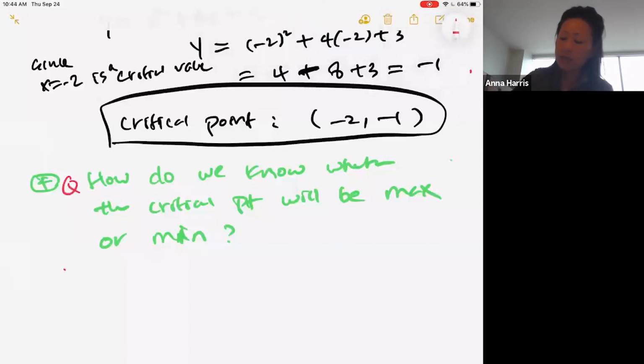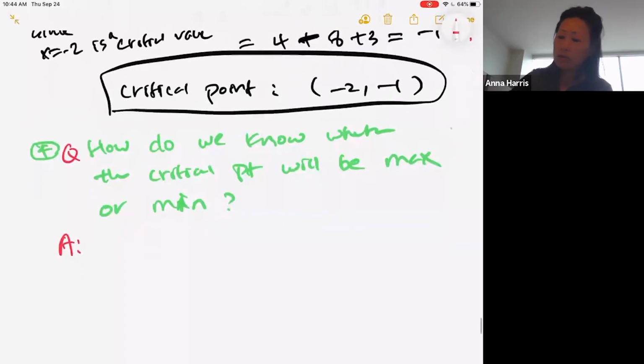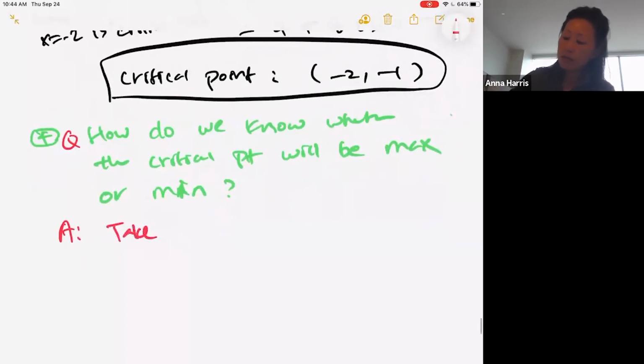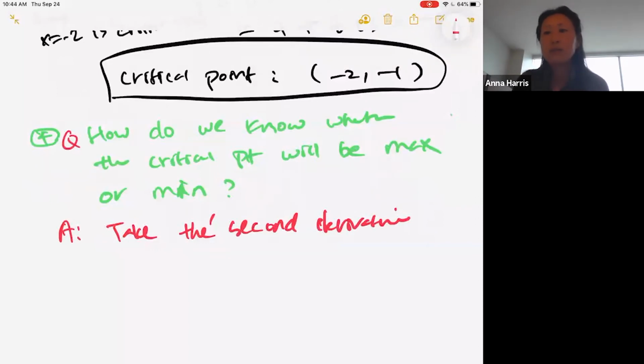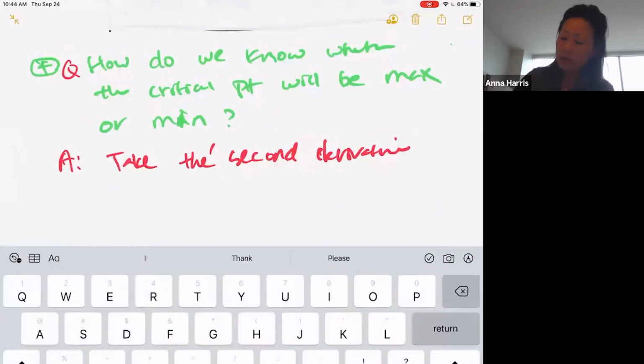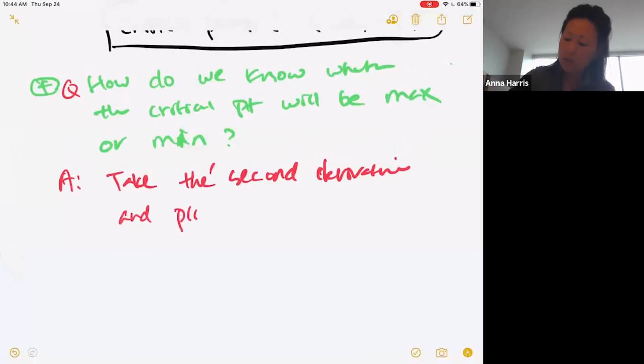That is my question again. So what is my answer then? Take the second derivative, I should say. Let me just write it down. You take the second derivative. And then what do you do? Plug the critical value into the second derivative.